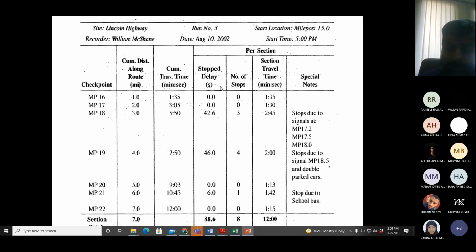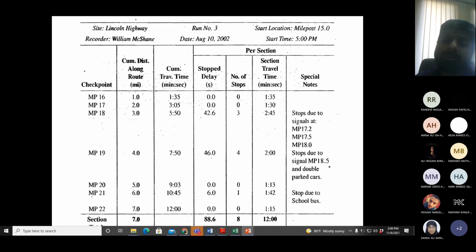Now, if you remember, I said yesterday that the observer can also observe the stop delay, for how much time the car was stopped. The procedure was that you have a separate stopwatch with the observer, which is started when the car stops, and when the car starts moving again, you note down the time and switch it off.